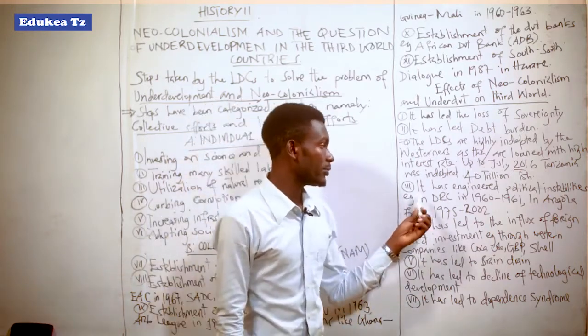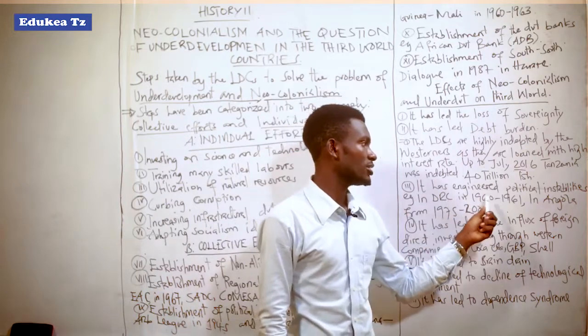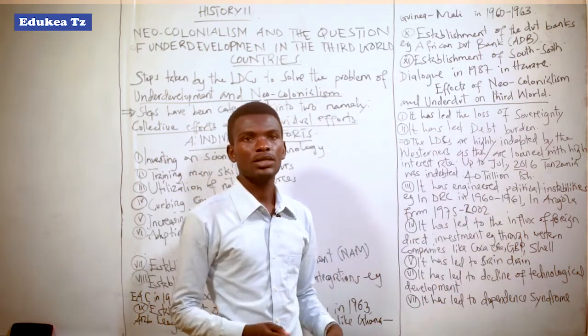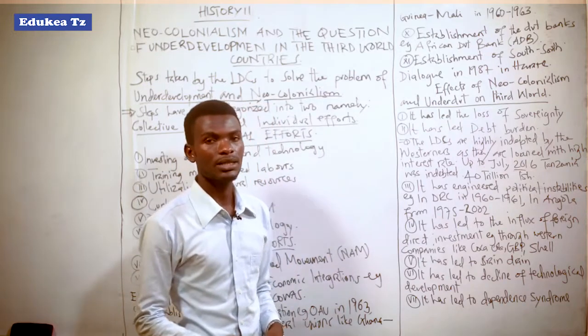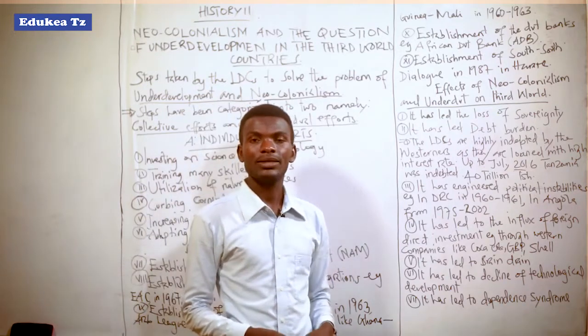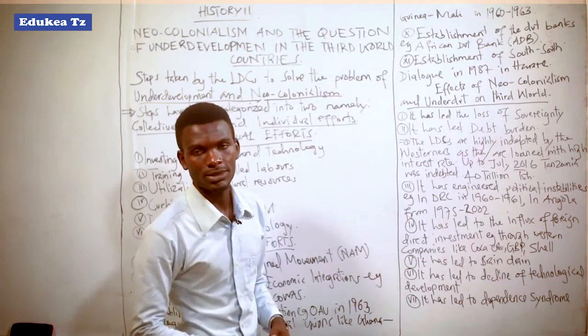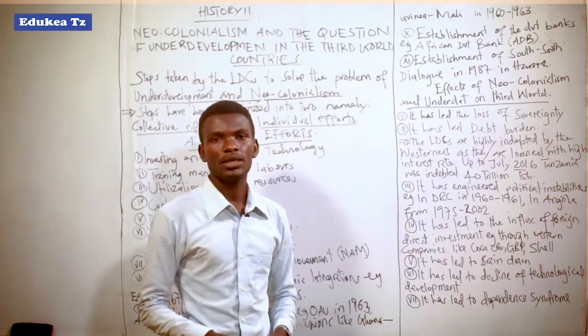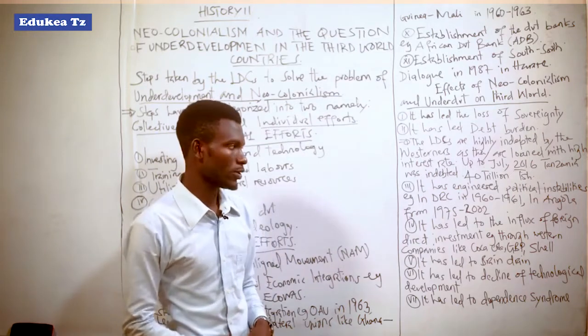And another impact, it has engineered political instabilities. It means new colonialism and underdevelopment, especially in third world countries, has led to the political unrest or political instabilities which are happening in various less developed countries.